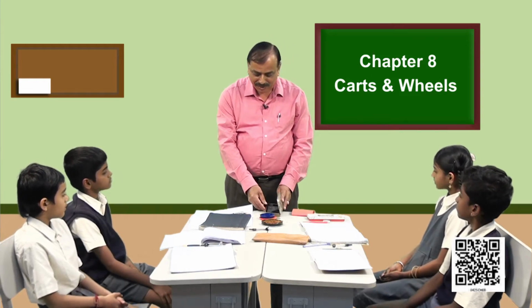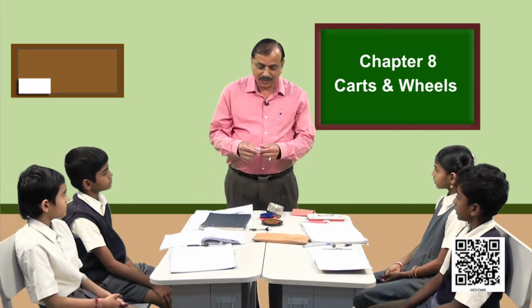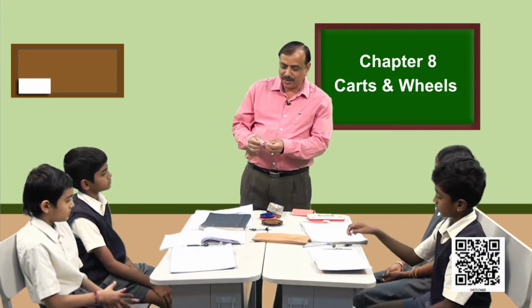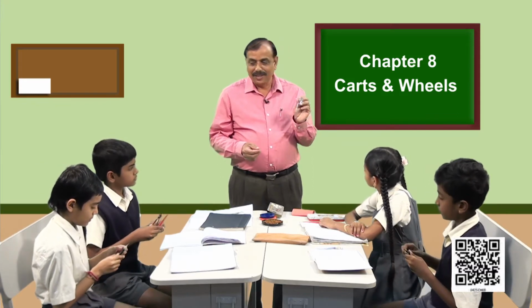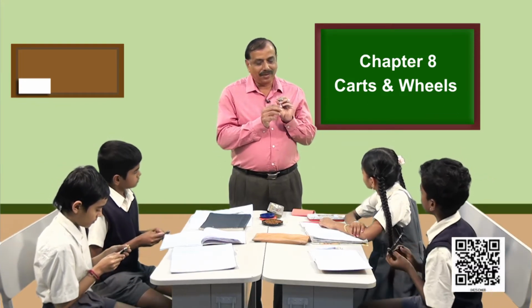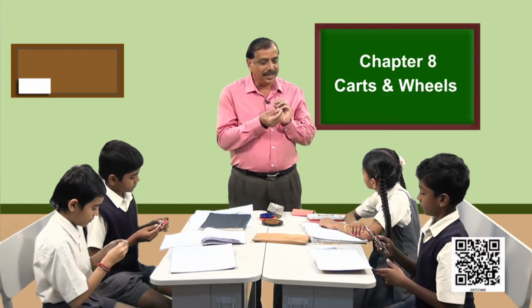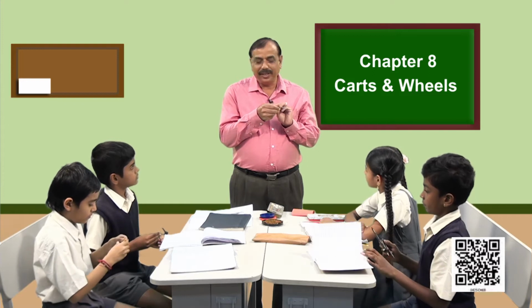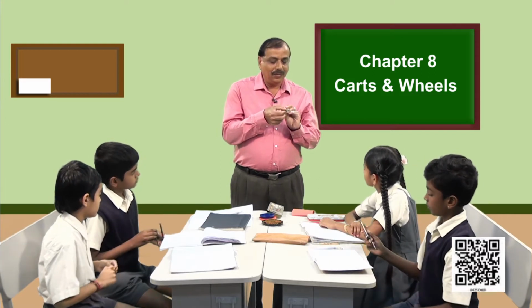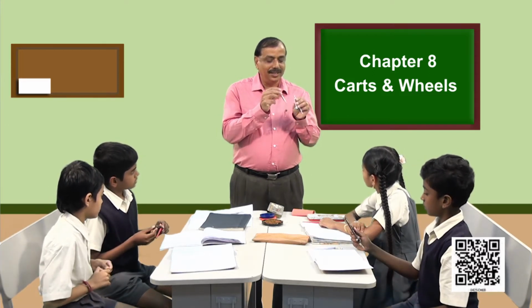Now, for drawing a circle, which instrument should I use? Compass. Okay. So, all of you can take out your compass. So, this is the compass. On one side of that we have a sharp blunt edge. On the other side we have an opening where we need to insert the pencil.